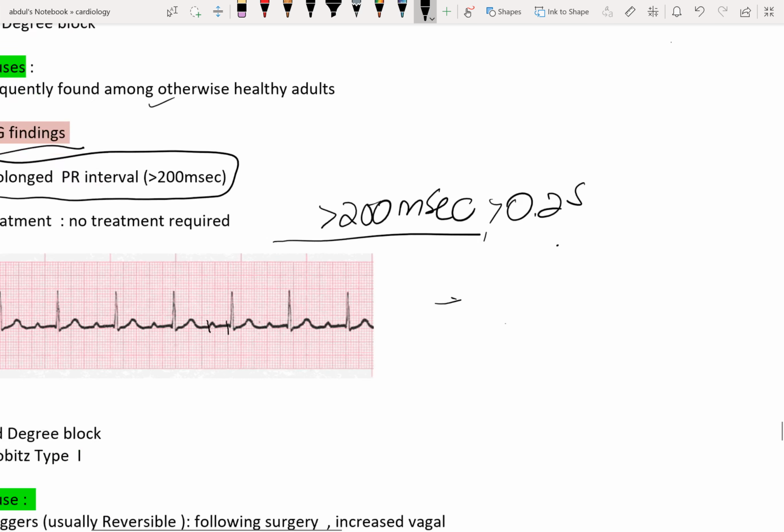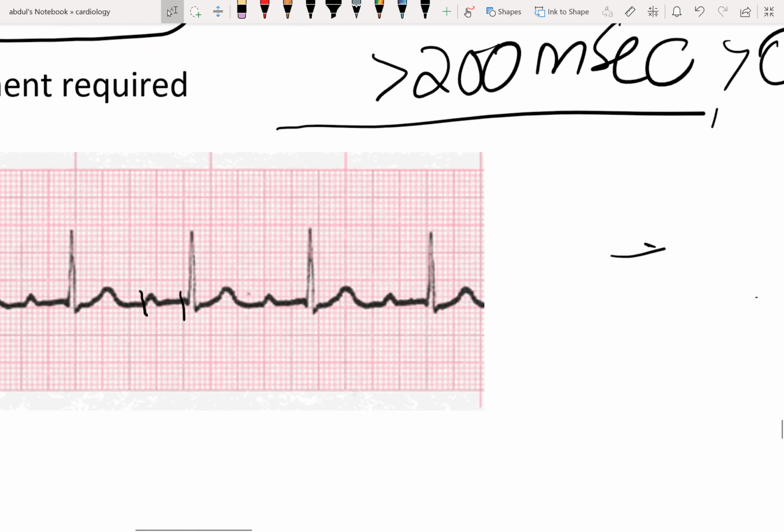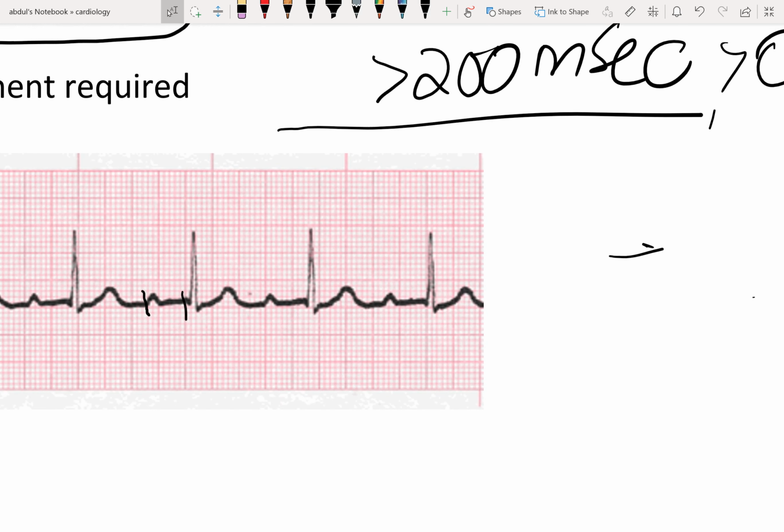Let me just make this a little bit bigger so I can explain this to you guys. Let's say we take this part as the start of the P, and let's count: 1 box, 2 boxes, 3 boxes, 4, 5, 6, and 7 boxes.